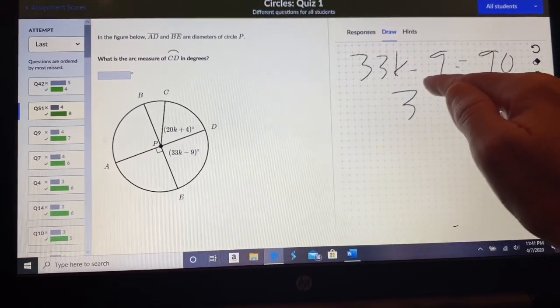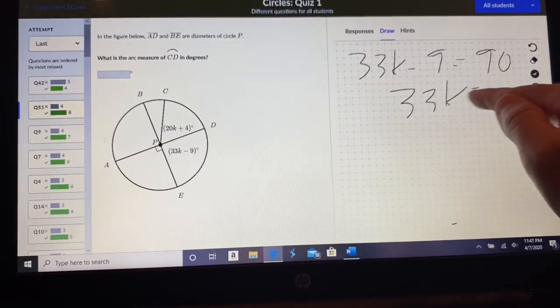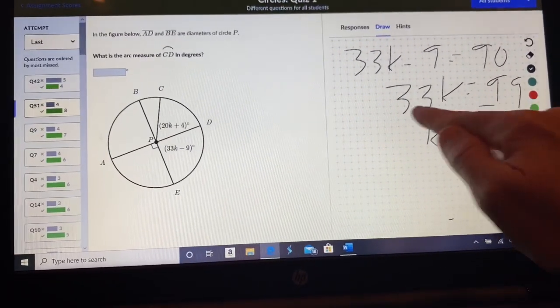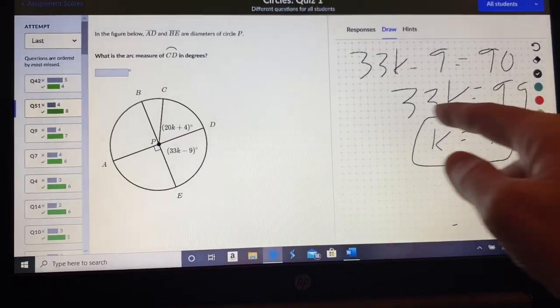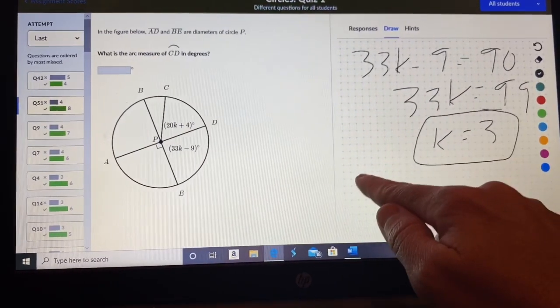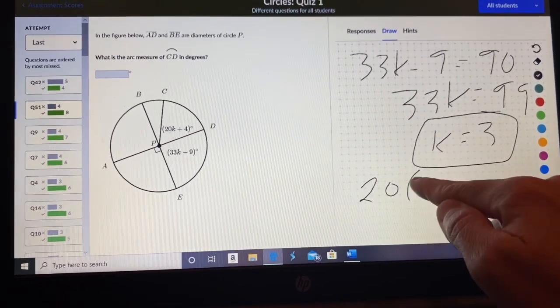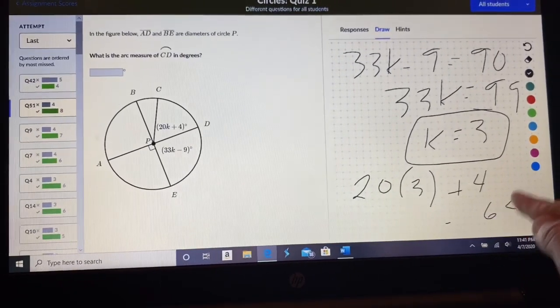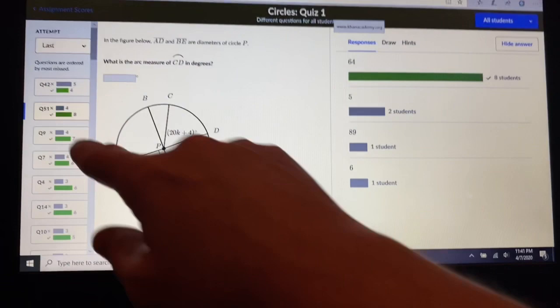And if we solve that, 33k must equal 99, meaning that k is 3. So if k is 3, how far is it from C to D? Well, 20 times 3, which is 60, plus 4, or 64.